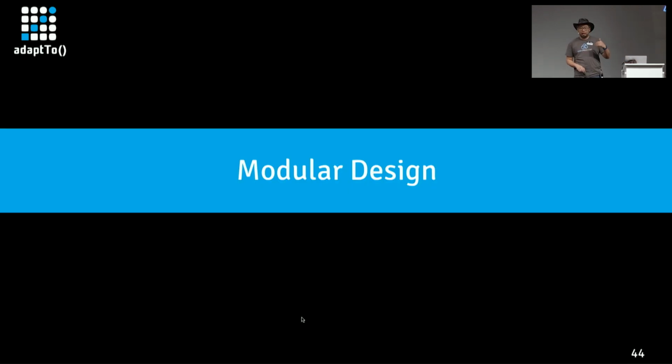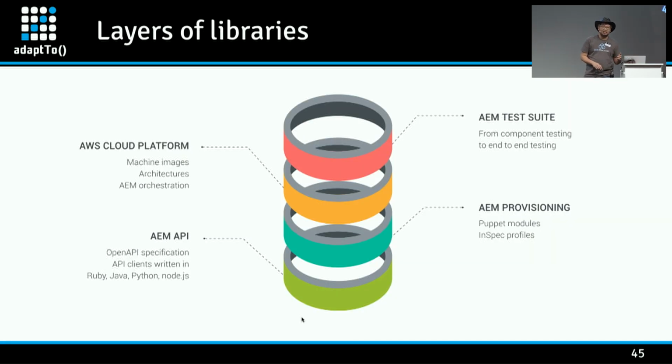Now, coming back to AEM OpenCloud itself, we attempt to have a modular design, and it's roughly sliced this way in 4 layers. At the very bottom, that's what we call the AEM API layer. Basically, anything that interacts with AEM, we hide behind an API client that can be tested and integrated with various technology stacks.